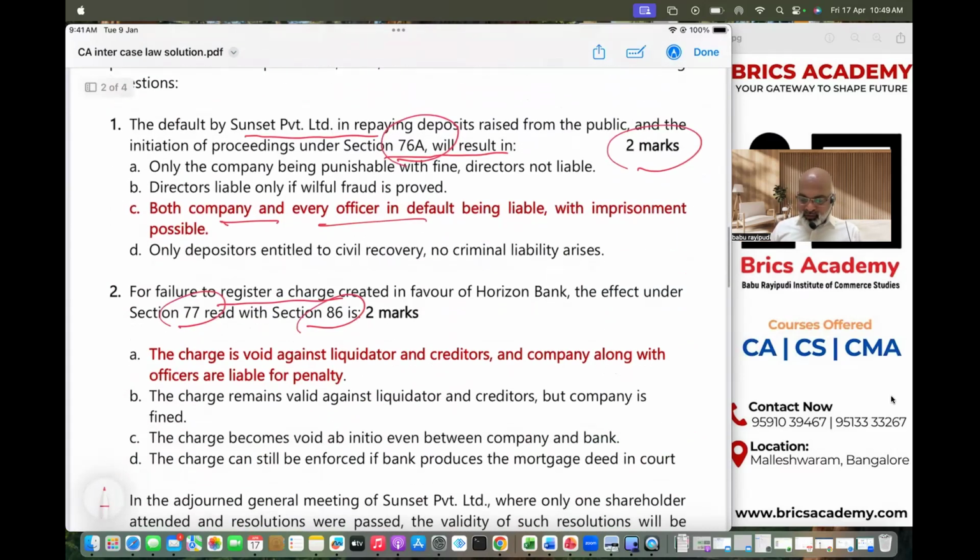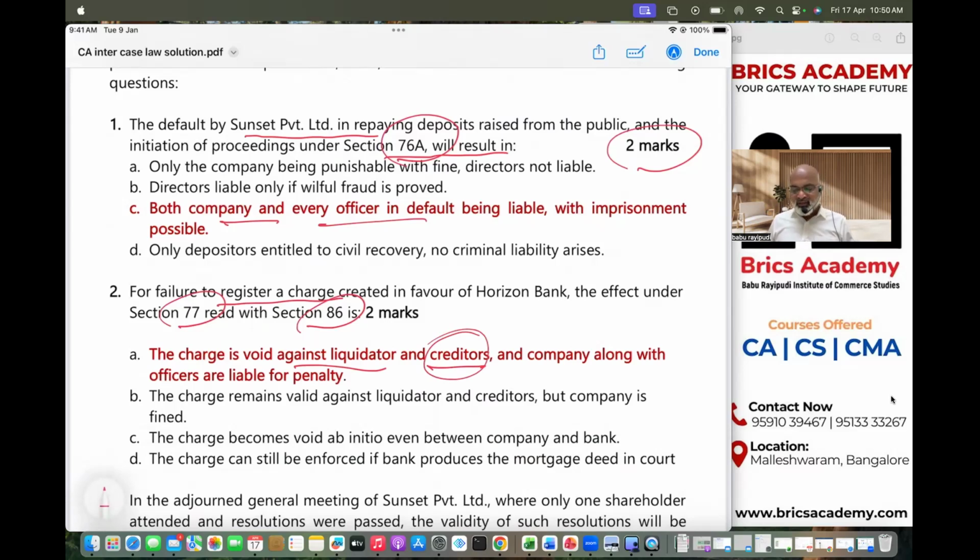Okay, next, for failure to register a charge, the effect under Section 86: the charge is void. Why? Because you did not get it registered. Against the liquidator means, at the time of winding up, the liquidator will not give priority to such a creditor whose charge is not registered. In the case law, the creditors are asking, boss, we need our money, sell the security and pay us.